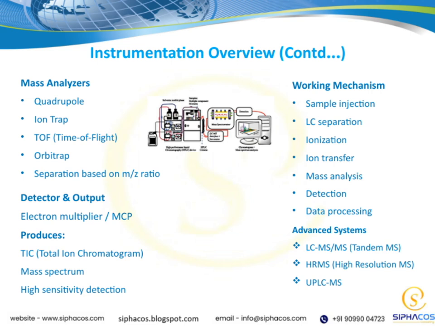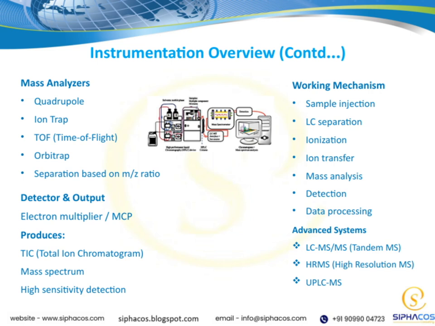UPLC-MS combines ultra-performance liquid chromatography with mass spectrometry for faster, more efficient separations. Talking about mass analyzers, we have several types: quadrupoles, ion traps, TOF, or time-of-flight analyzers, and orbitraps. Each of these separates ions based on their m/z ratio, but they do so with different principles, offering various advantages depending on the application.